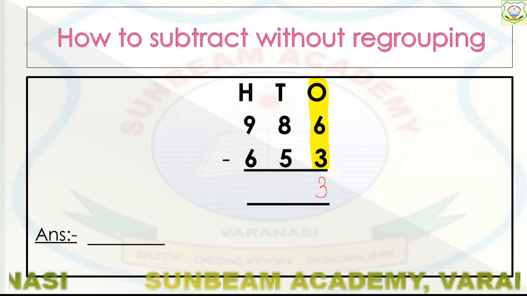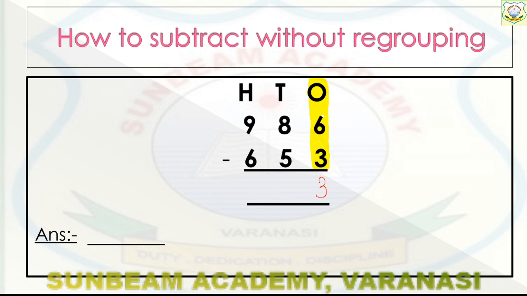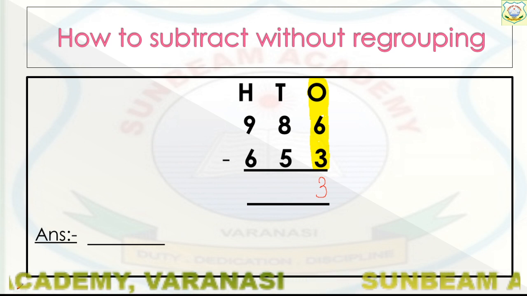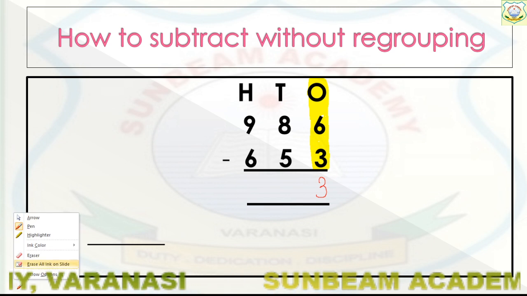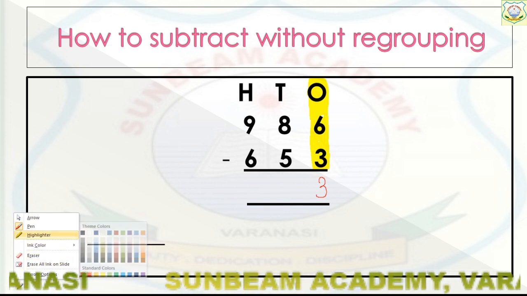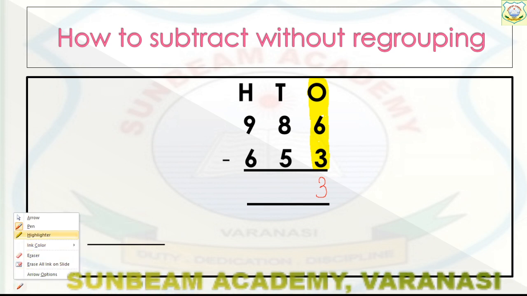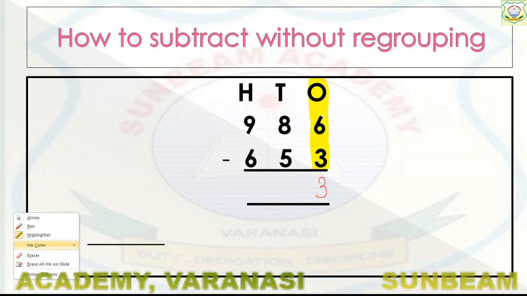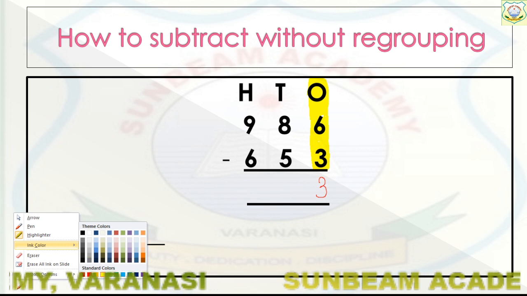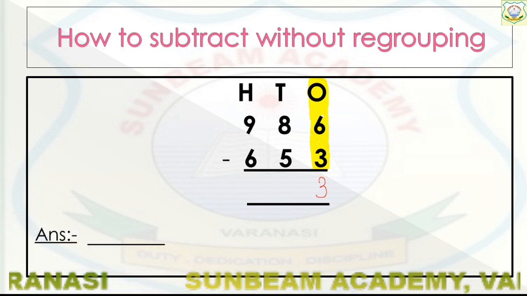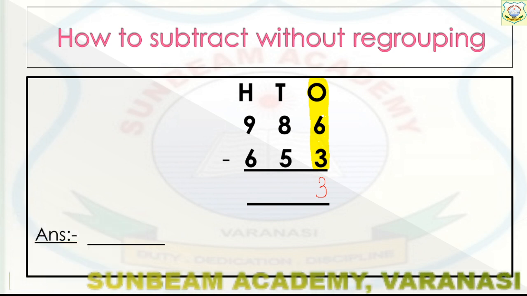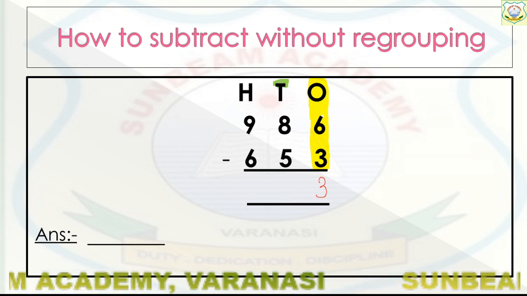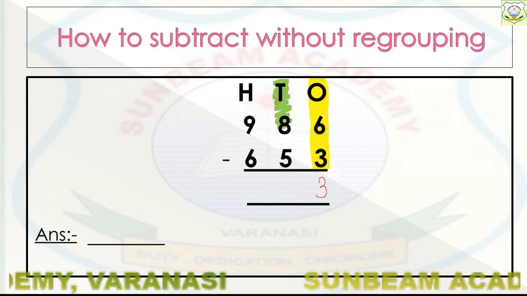Okay? Now, whenever we are doing subtraction, we have to take care of this: the ones column will be different, and then there is the tens column, then the 100s column. So we have to take care of this, students. Whenever we are subtracting, we will subtract ones from ones and then tens from tens.